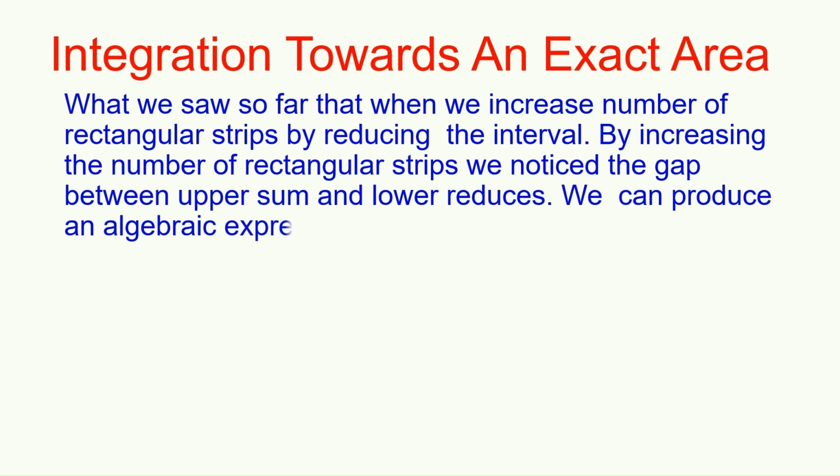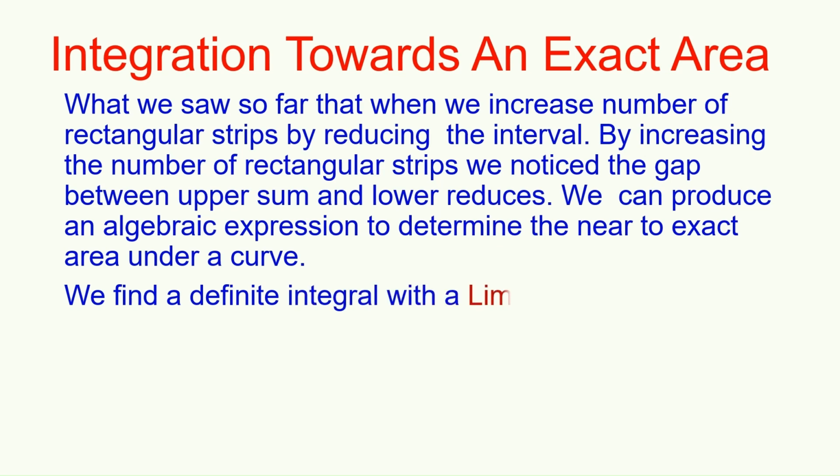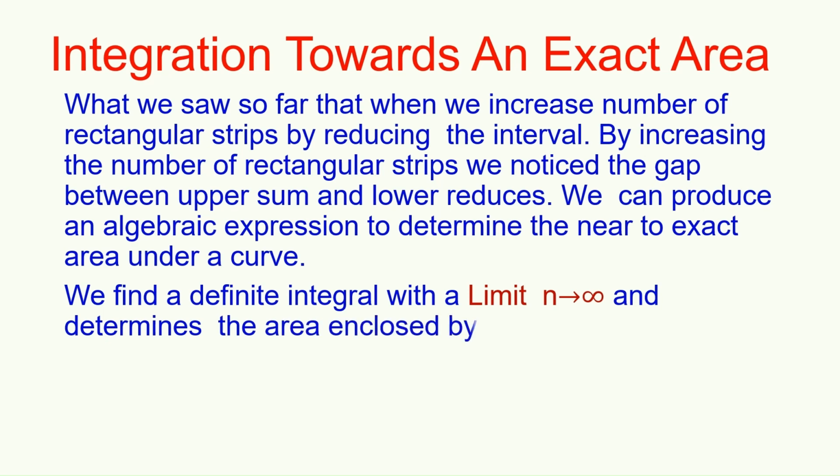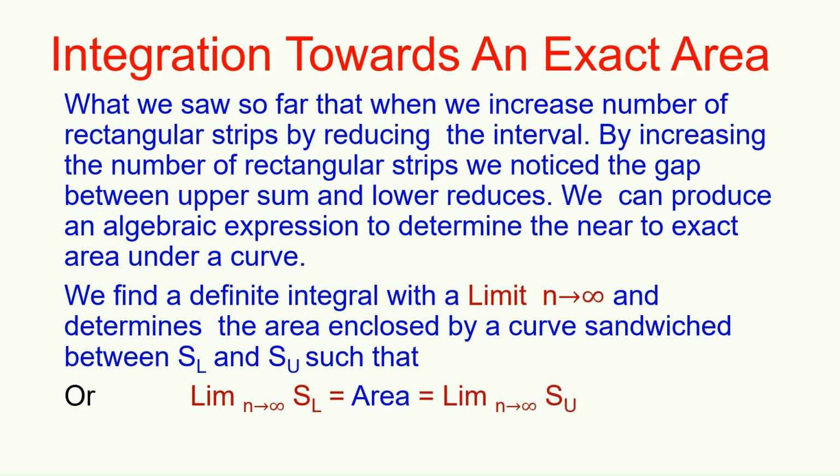We can produce an algebraic expression to determine the near to exact area under a curve. We find a definite integral with a limit n tends to infinity and determines the area enclosed by a curve sandwiched between SL and SU, such that limit n tends to infinity SL equals area equals limit n tends to infinity SU.